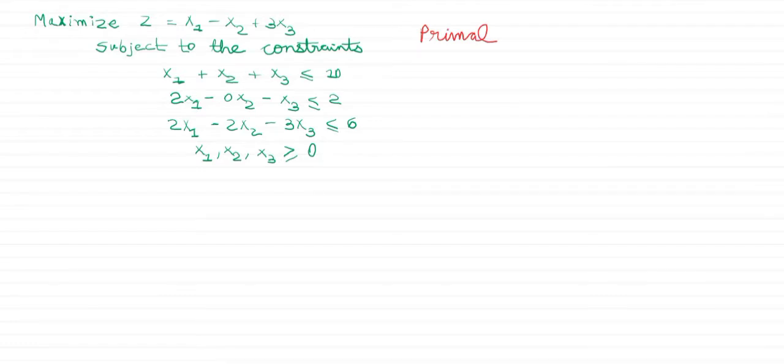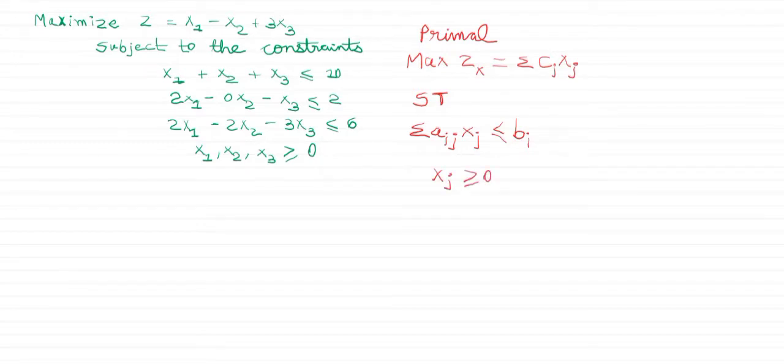In the primal form, it is like maximize z is equal to sigma Cj xj, and subject to the constraints, which we write as sigma Aij xj less than or equal to Bi, and we will convert this to dual, and here xj is greater than or equal to 0.